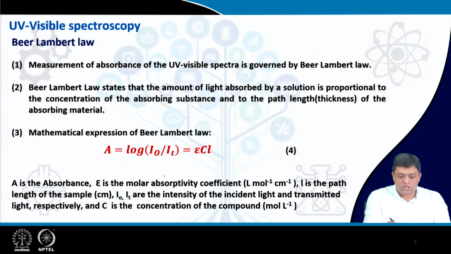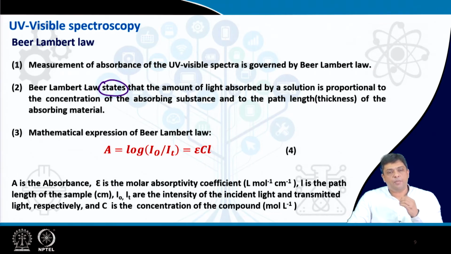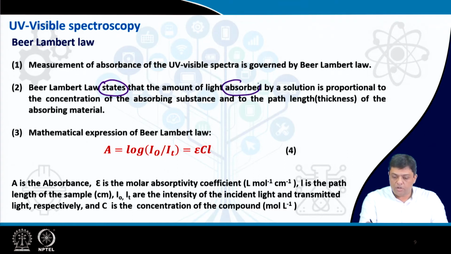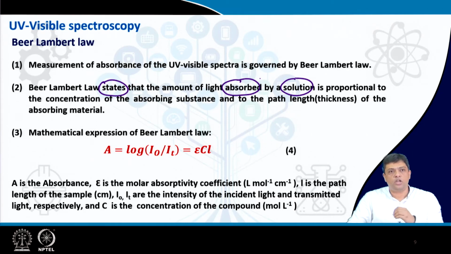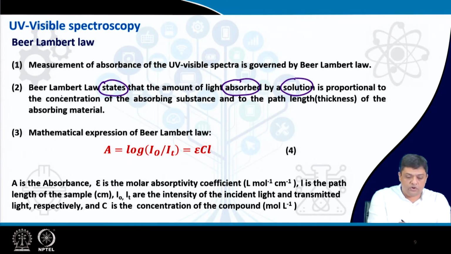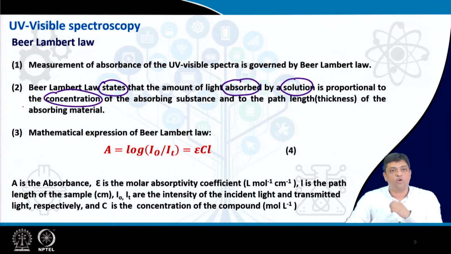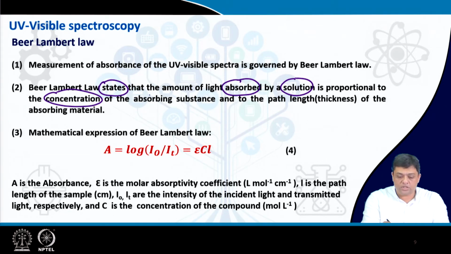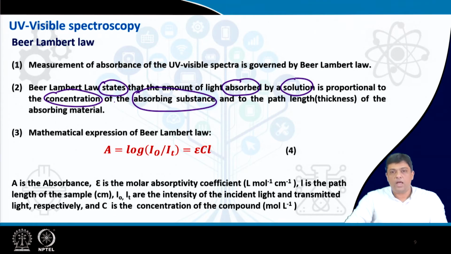This law states that the amount of light that is absorbed by a solution is proportional to the concentration of the absorbing substance and the path length of the absorbing material.